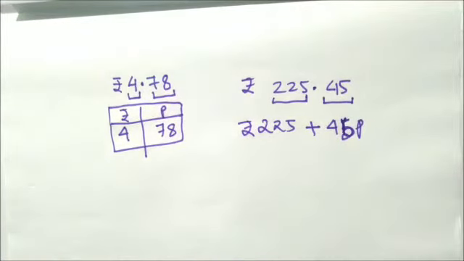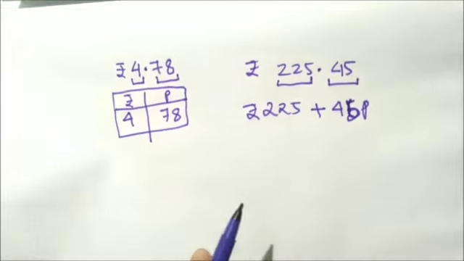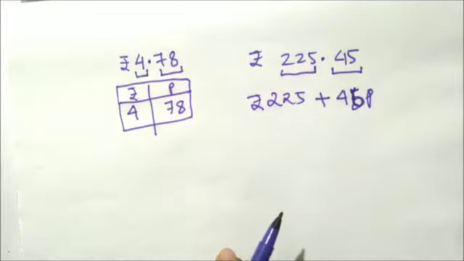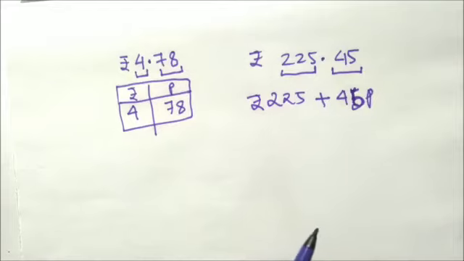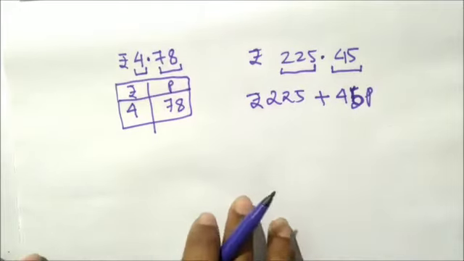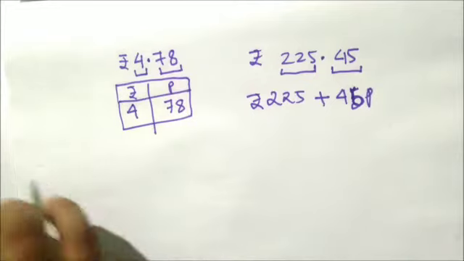Okay, so I hope the things are clear now. So you will get a lot of questions where you need to perform conversion of the rupees into paisa and conversion of the paisa into rupees. Okay, now we will learn about the addition and subtraction of money.